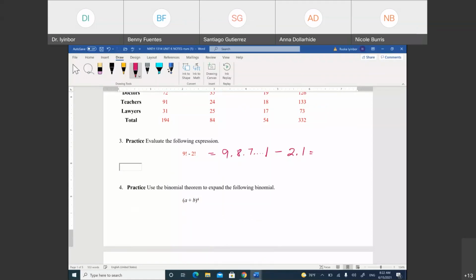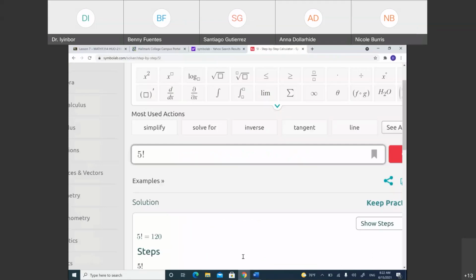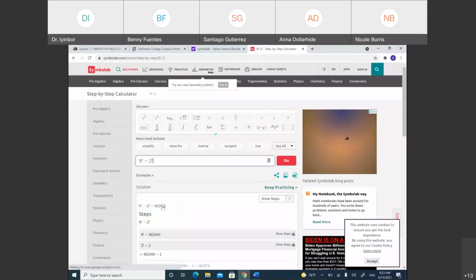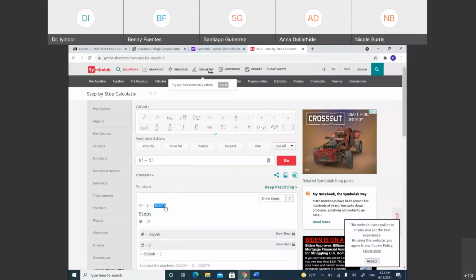But I don't need to multiply all these numbers. I can just put 9 factorial minus 2 factorial, just the way it is. And it's going to give me the final answer. So this is the final answer. I'm just going to copy this and put it in the answer box. Okay, so that's my answer.